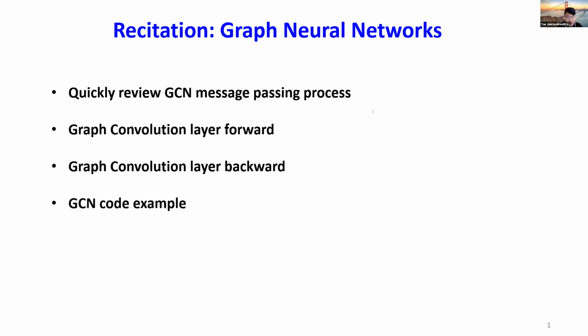After that, on the right-hand side, we only need to deal with node B itself. This h_B^t is the node feature embedding of B at time step t, and this is time step t plus 1, so pay attention, they are different.